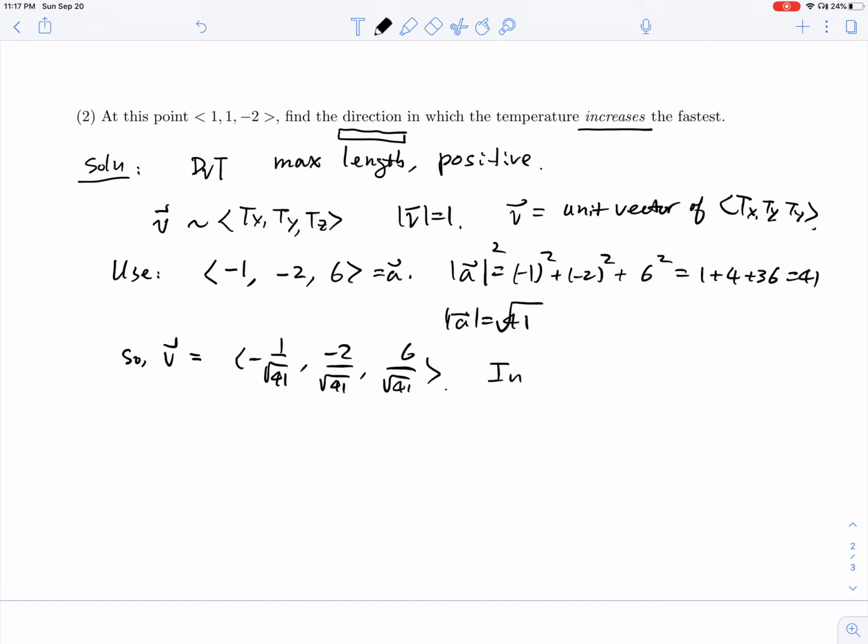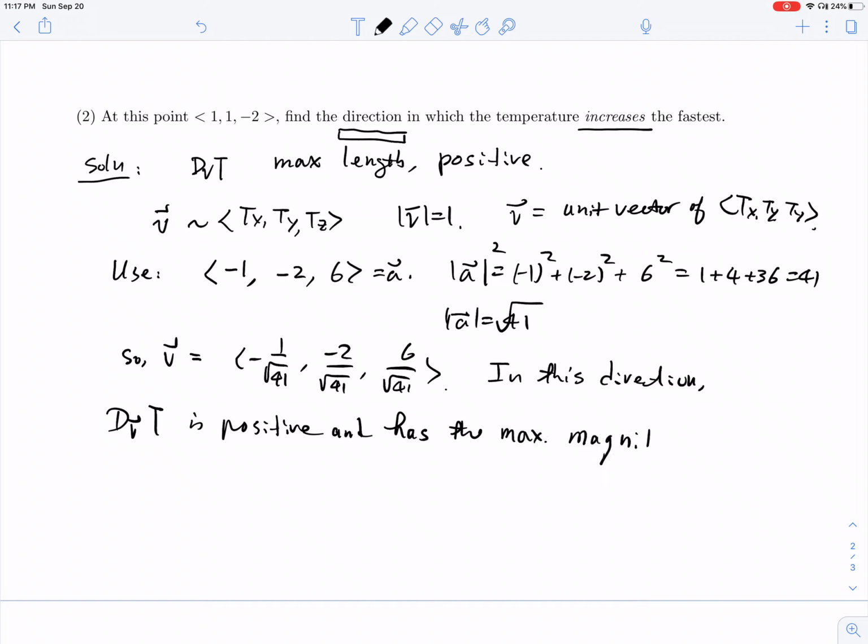And in this direction, D_v T is positive and has the maximum magnitude. What it means is that in this direction, the temperature is going to grow fastest. All right, that's all for this section, essentially. It's section 12.6.